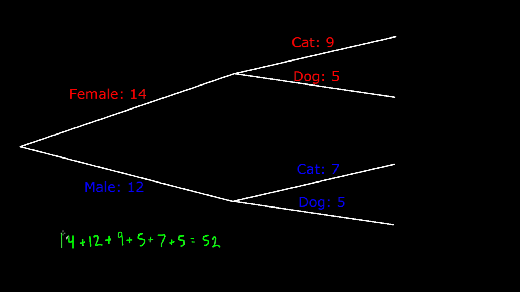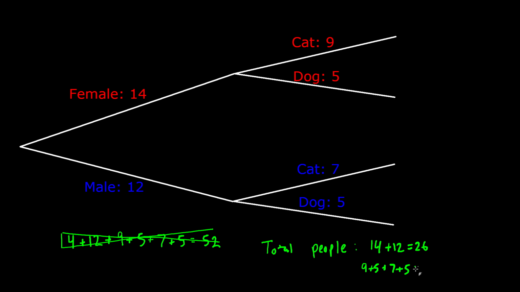But this is not correct because these 14 females are exactly the same as these 9 and 5. So really, to find the total number of people, I would either add 14 and 12 and get 26, or I could add 9, 5, 7, and 5 and still get 26.